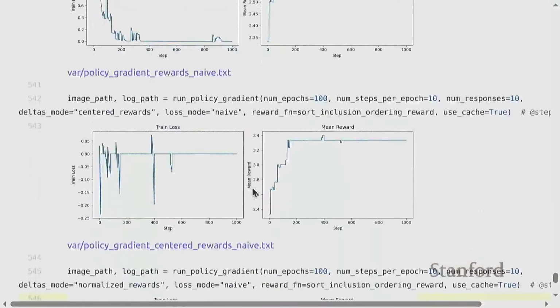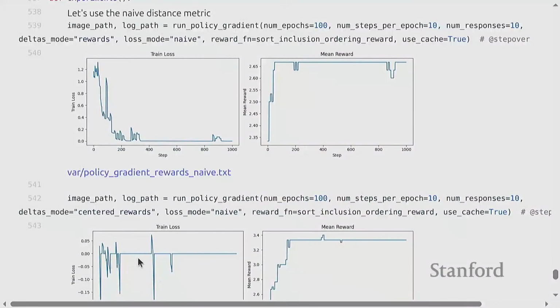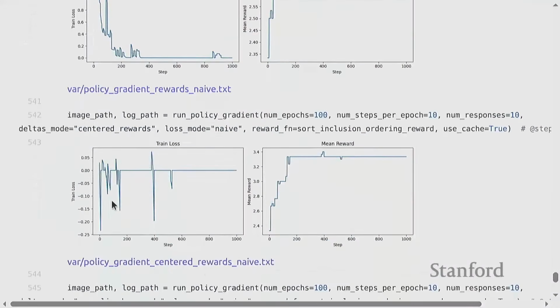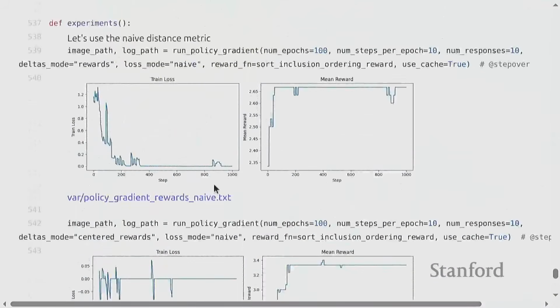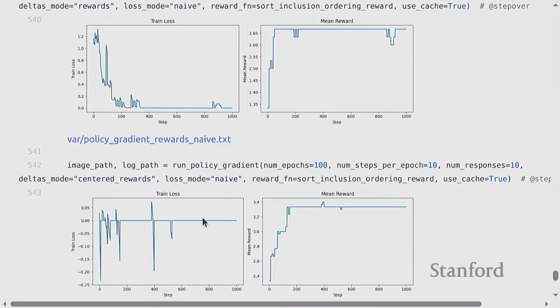One thing to note is that if you look at these loss curves, you think, well, this looks kind of good, but why does this look pretty bad, even though the reward is going up? And this goes back to my statement that minimizing the loss is a little bit of a lie here.